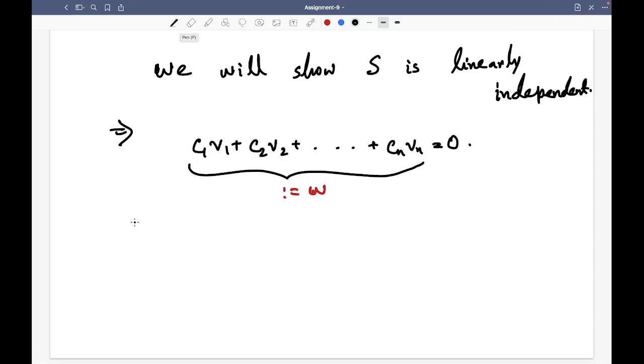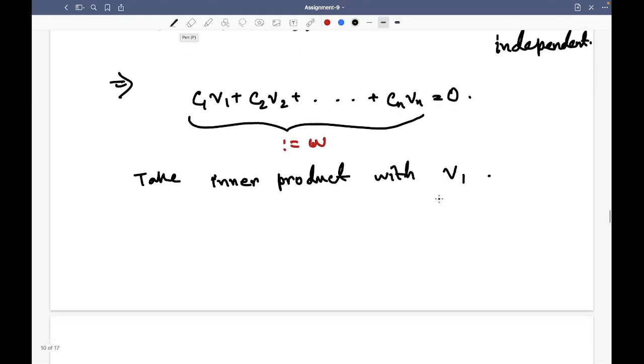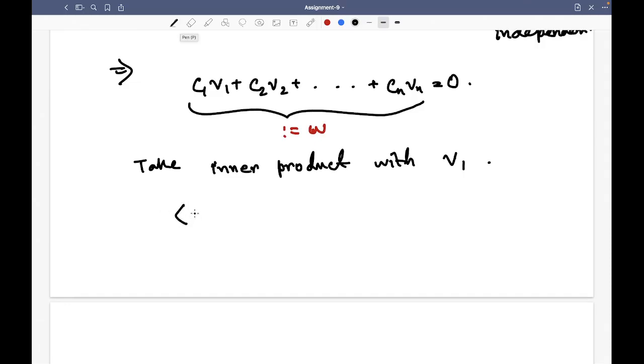Now take the inner product with V1. What will you get? First note this: you will get W inner product with V1. What will it be?